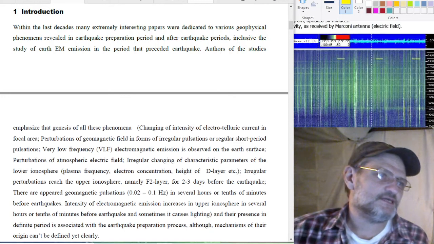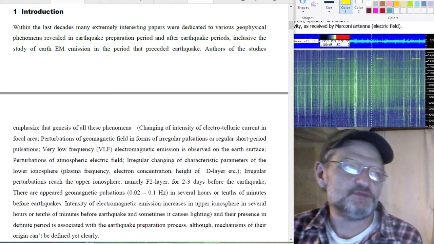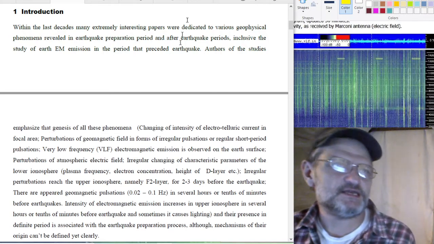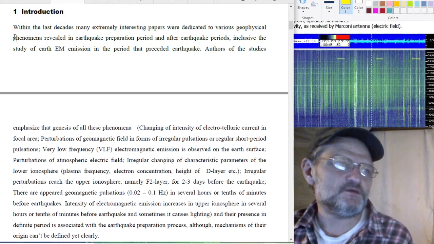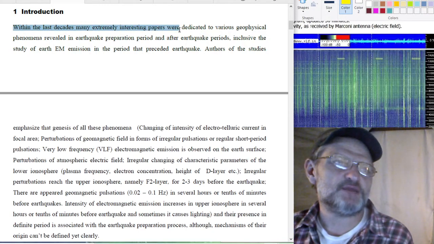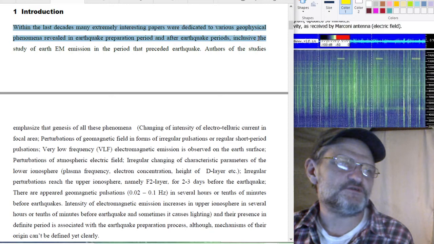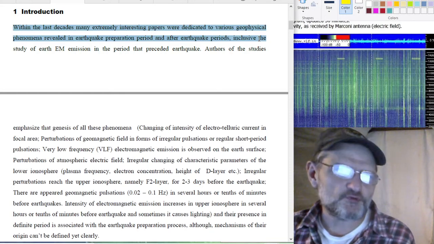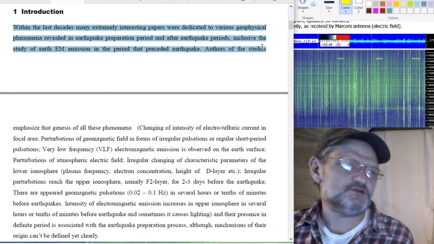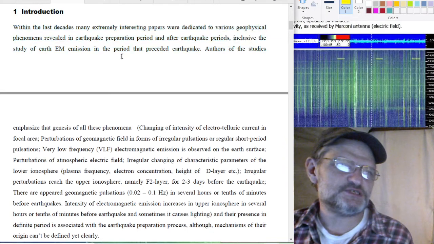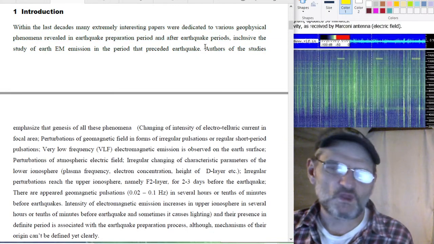Within the last decades, many extremely interesting papers were dedicated to various geophysical phenomena revealed in the earthquake preparation period and after-earthquake periods, inclusive of the study of Earth emissions in the period that preceded earthquakes.